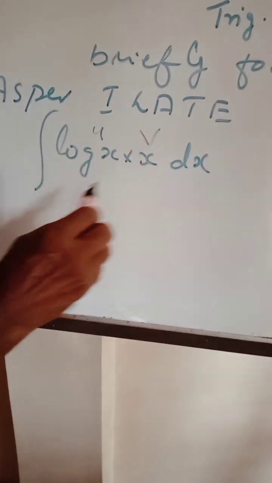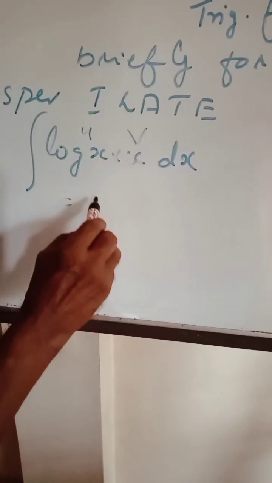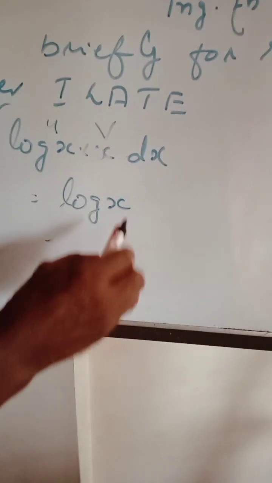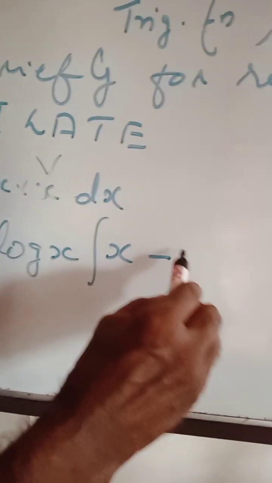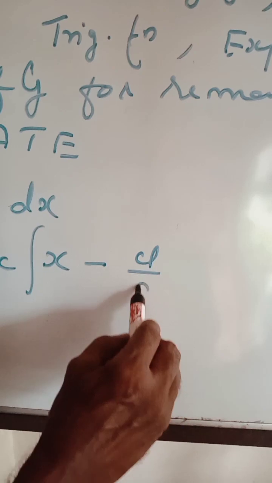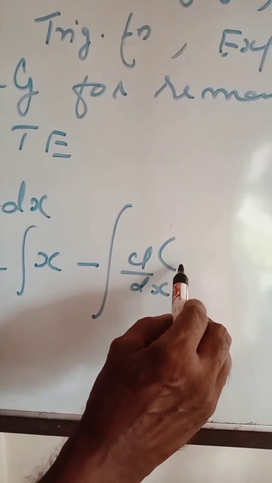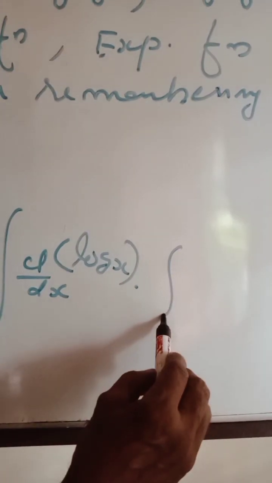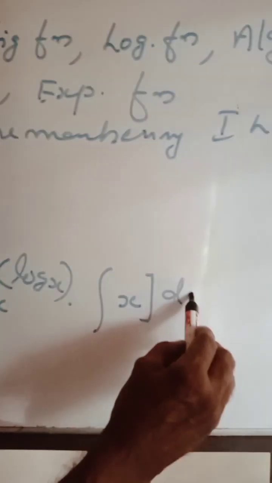This is u, this is v. So this is equal to first function u means log x into integration of the second x minus integration of d by dx of first function log x into integration of the second function x the whole into dx.